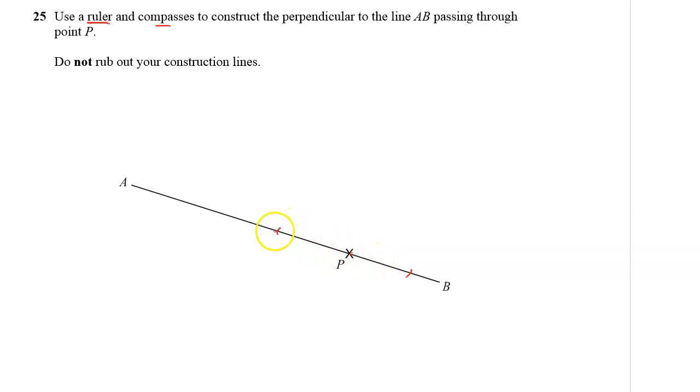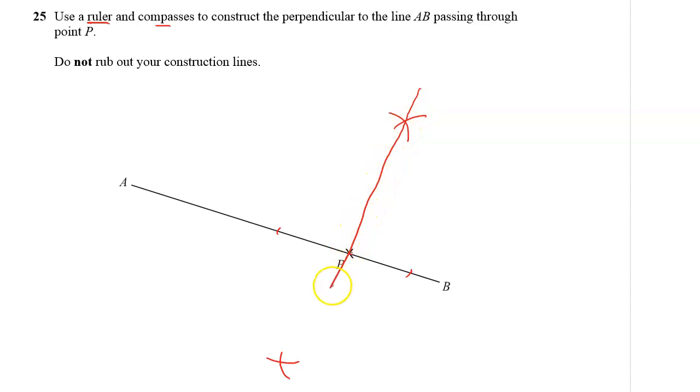Then stand on this mark and open the compass as large as you want, to make an arc there and another arc down here. Then stand here, make another arc there, then make another arc there.